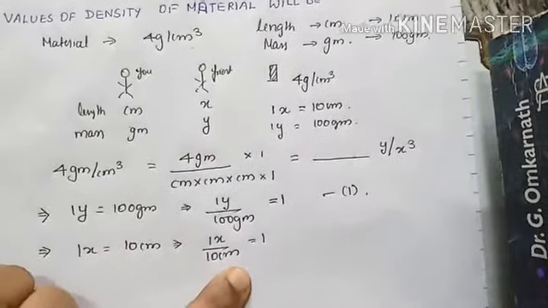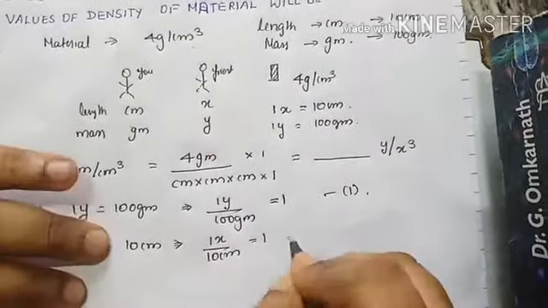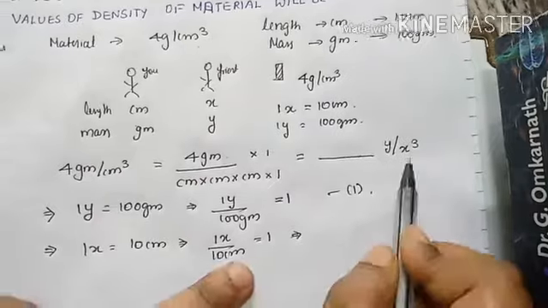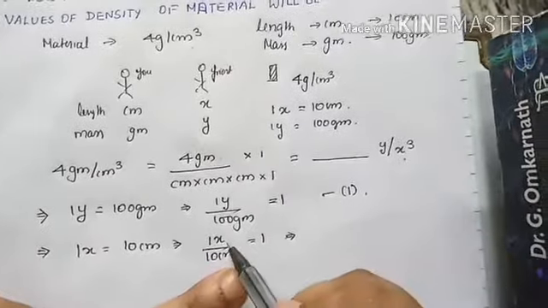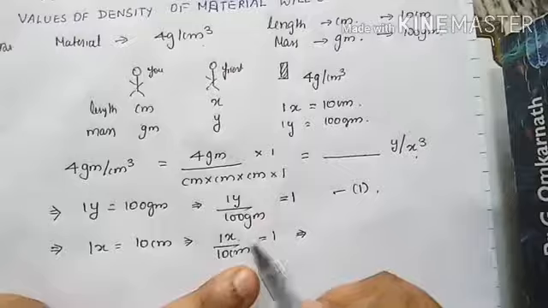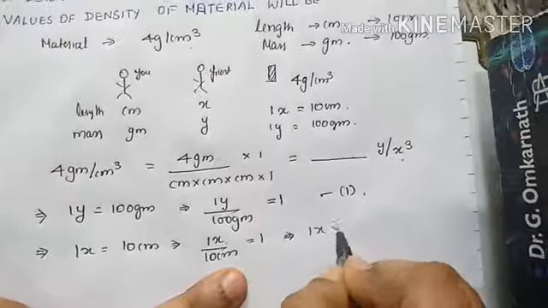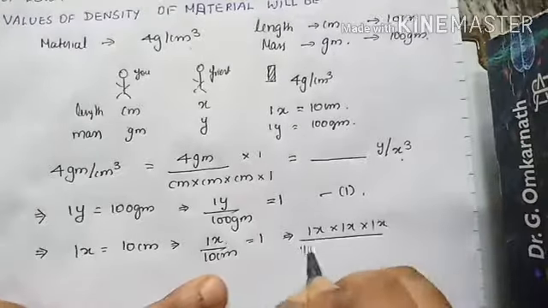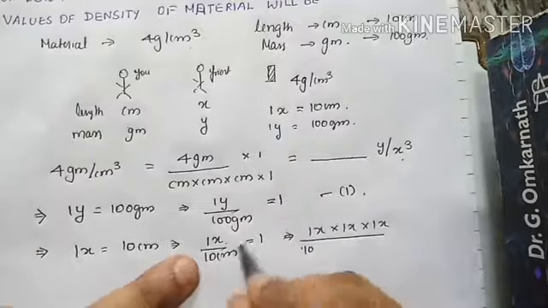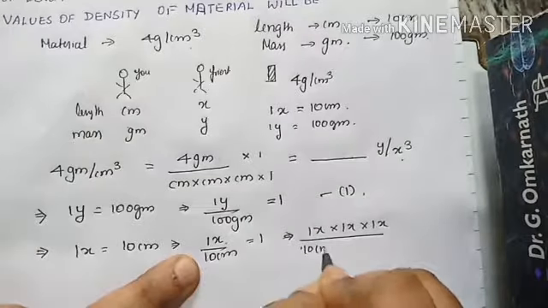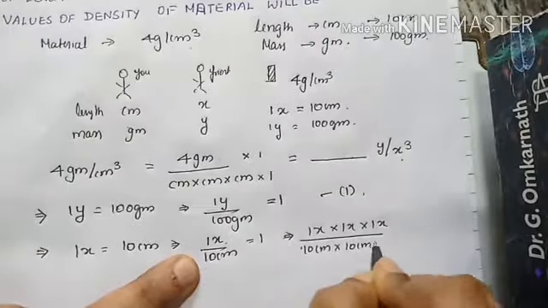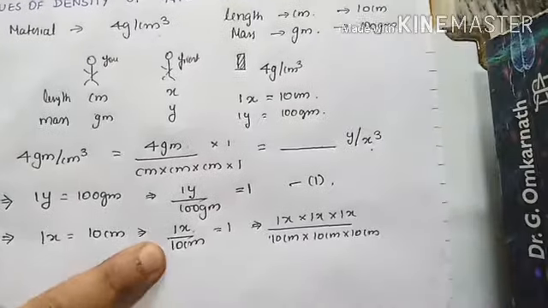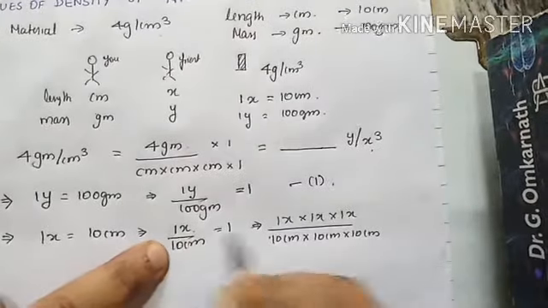Clear? Now I am going to do an extra step, because you require x cube. X cube also has to come, which means I have to multiply it thrice. So 1x into 1x into 1x divided by 10 centimeter into 10 centimeter into 10 centimeter. I am multiplying the same term thrice. This is the LHS part.